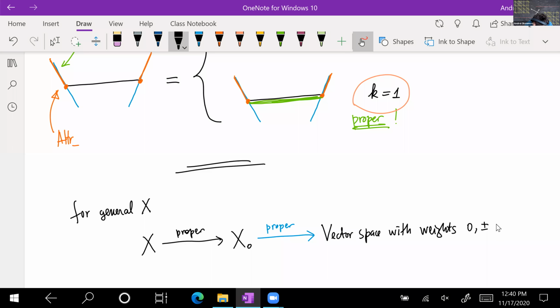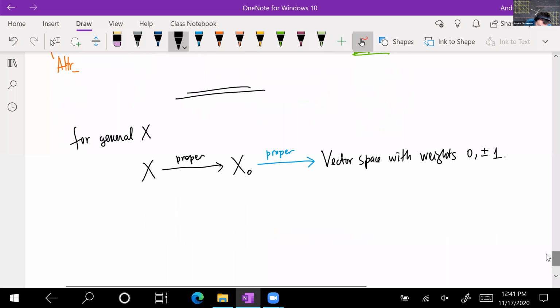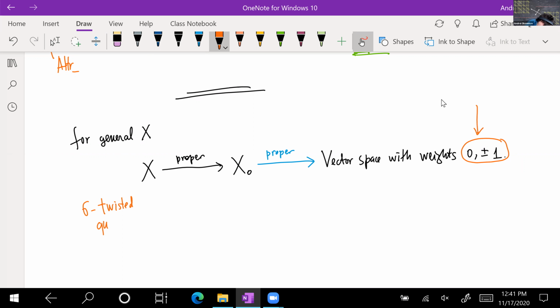0 plus minus 1. So then if I take this twisted sigma, maybe sigma twisted, this is where this minuscule condition comes in.